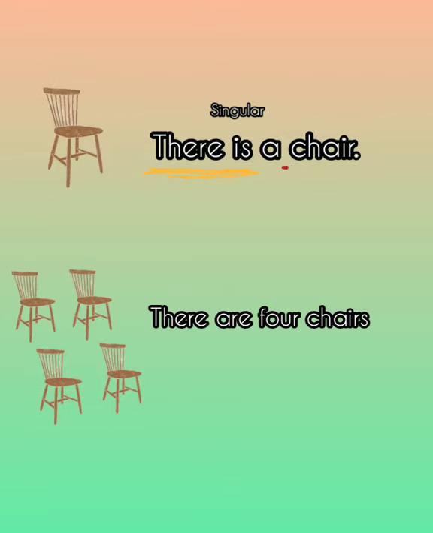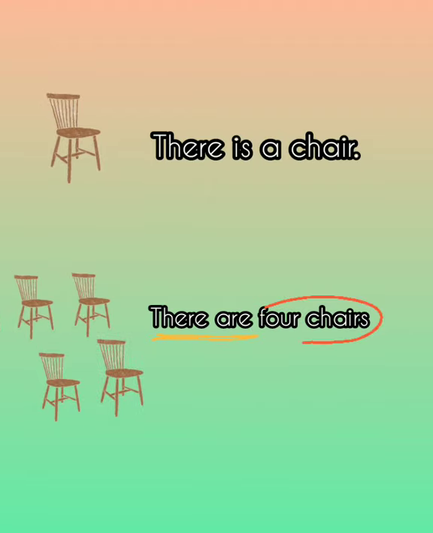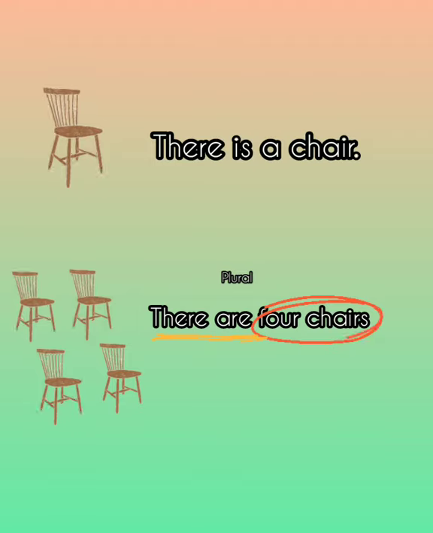Okay? The next one. There are 4 chairs. Situ ada 4 buah kerusi. Okay. Kita guna there are because it's plural. 4 chairs, 4 buah kerusi. More than one. If you look at chairs, chairs ada s belakang dia because it's plural.